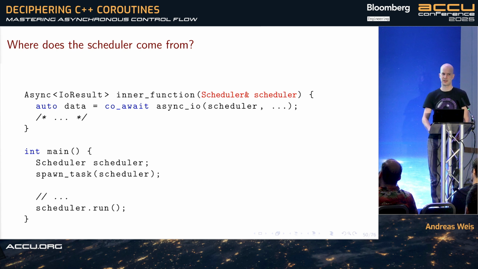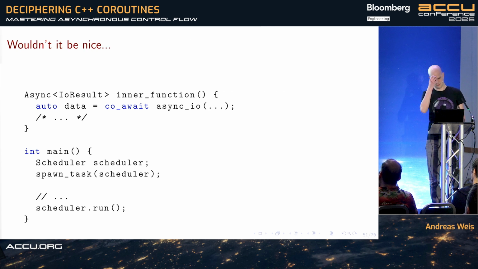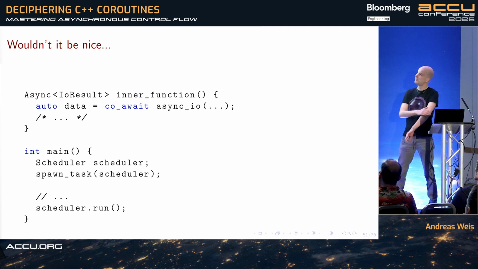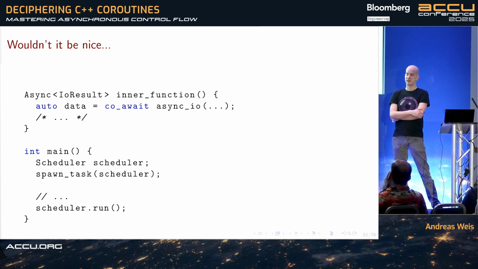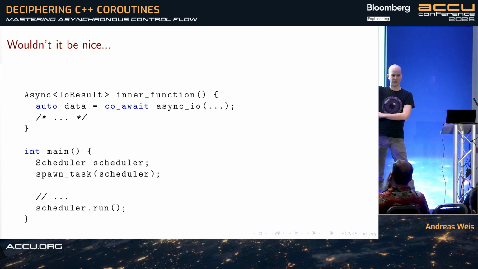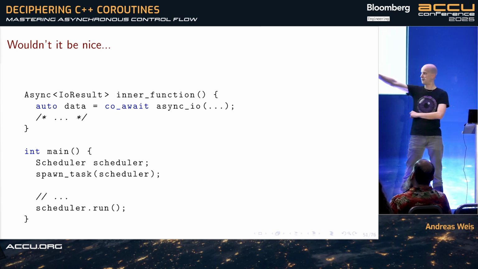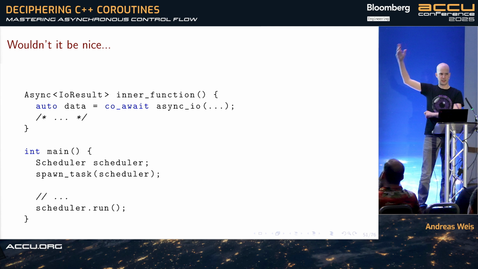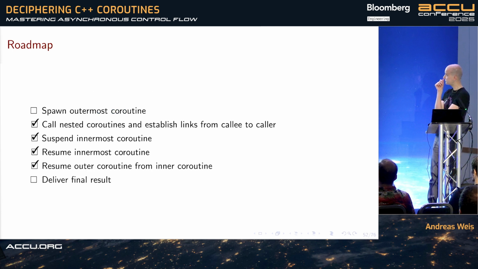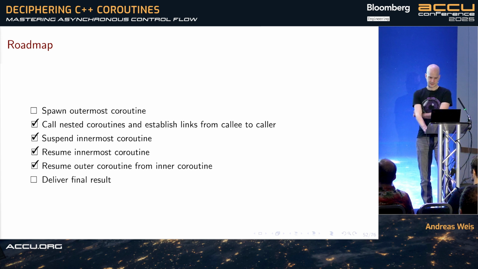Why do I need to pass the scheduler? Wouldn't it be nice if I could just go wait and it would just know what the scheduler was, that I told it when I spawned the task. Well, why do I need to say it again in every function? So how about this?